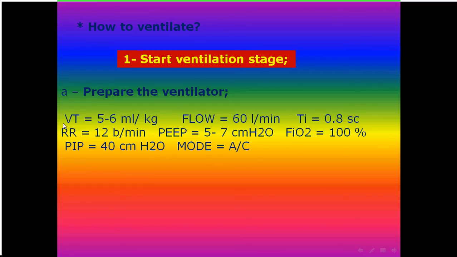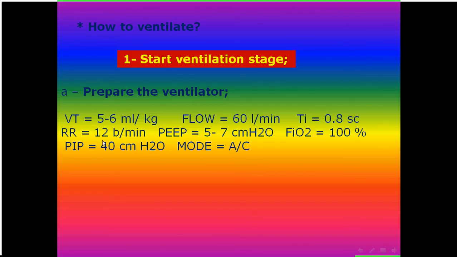Say this is a patient with COPD. Take care: tidal volume should be low if you put it on volume control, about 5 to 6 ml per kilogram, and the flow should be 60 or more liters per minute. The inspiratory time should be less than 1 second, or you put an I:E ratio of 1 to 4.